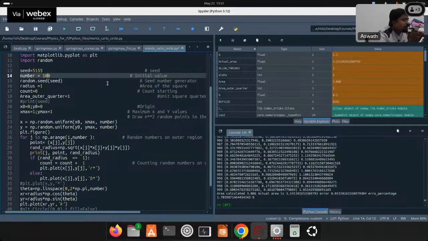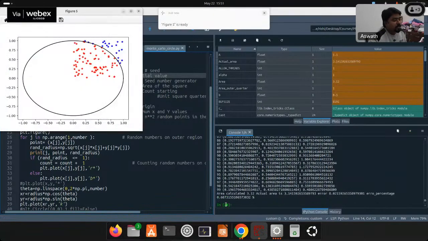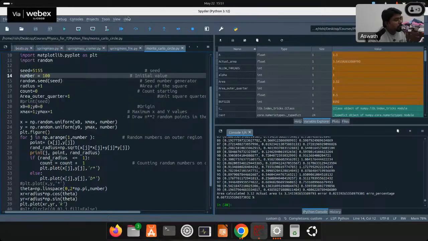Let me take 100 points and then integrate. In this case, luckily the percentage of error is low, but here you can see 3.12. So the best thing is to have as many points as possible.